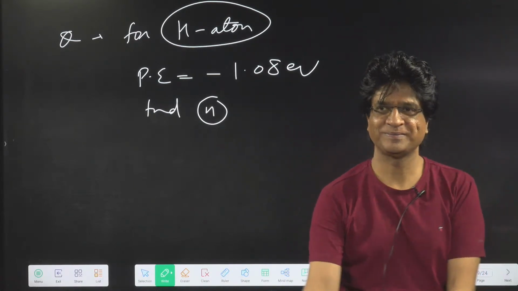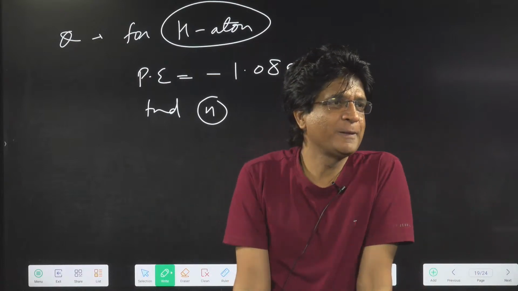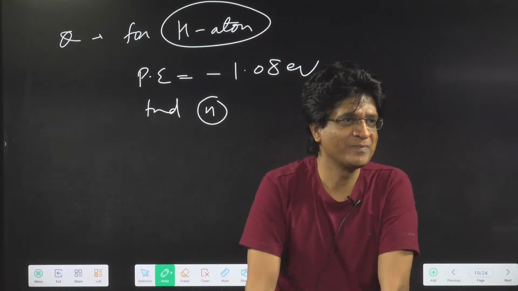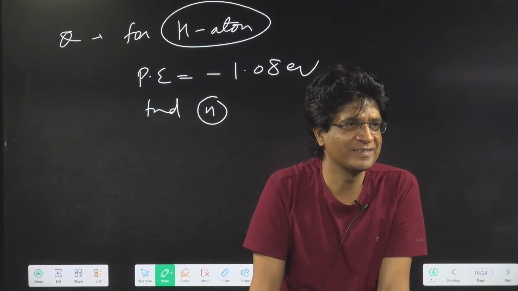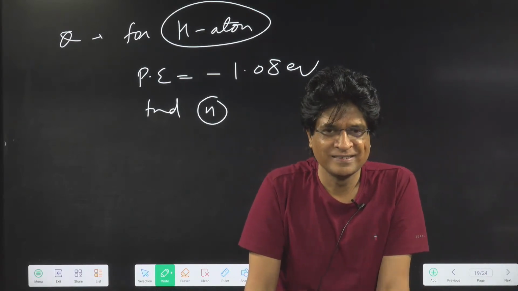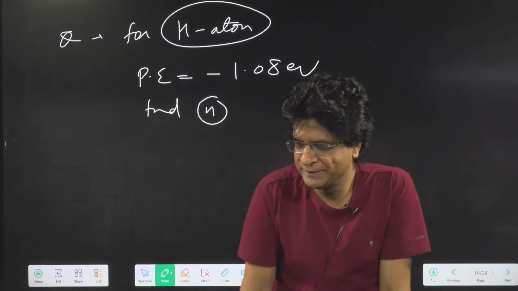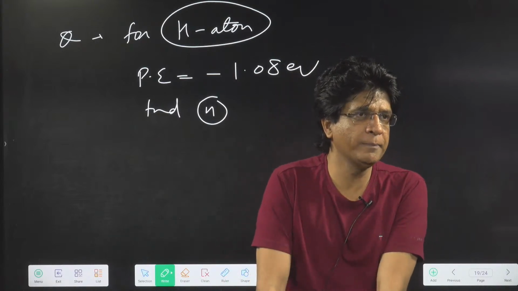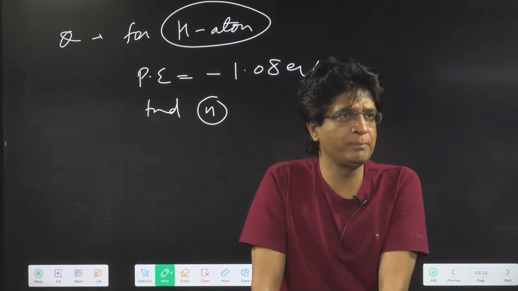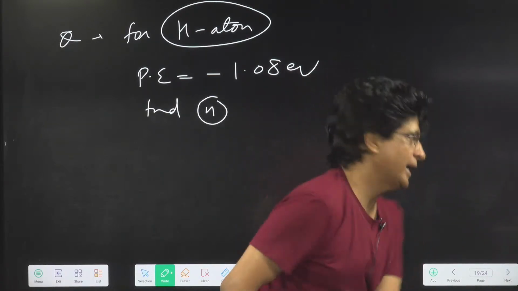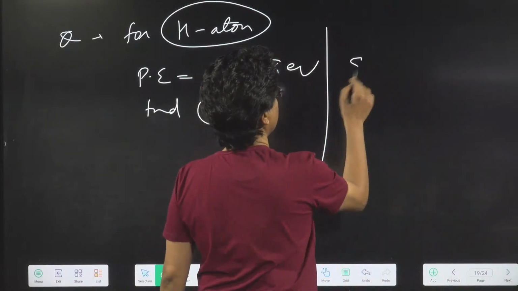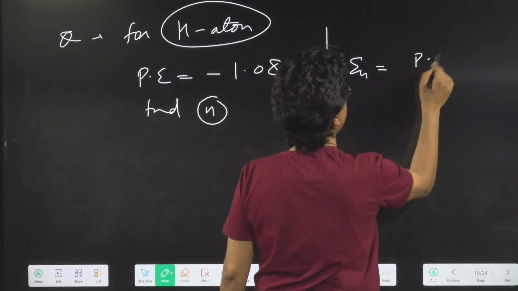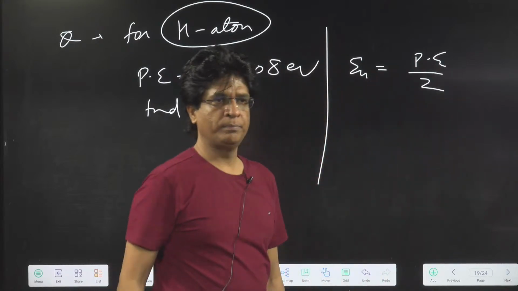Which orbit am I talking about? This is the hydrogen atom. Potential energy is minus 1.08. See, I know one thing: En is potential energy by 2.